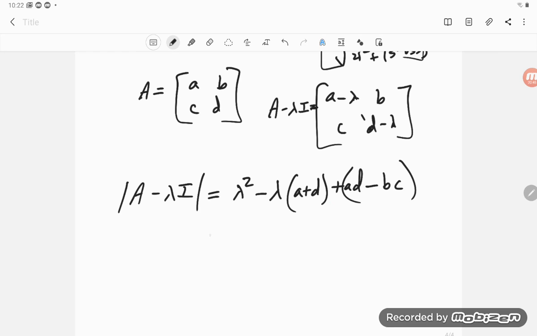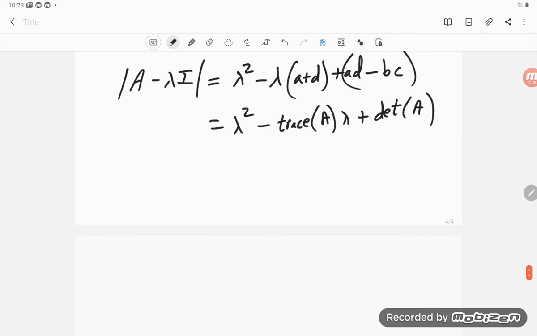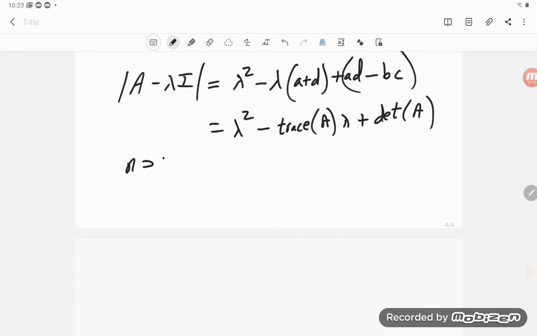Well, if you look at this, what you see is that lambda squared minus the trace of A times lambda plus the determinant of A. And if you go to bigger n, n greater than 2, and you do the same sort of thing, you'll get a lambda to the n, you'll get minus the trace of A times lambda to the n minus 1.